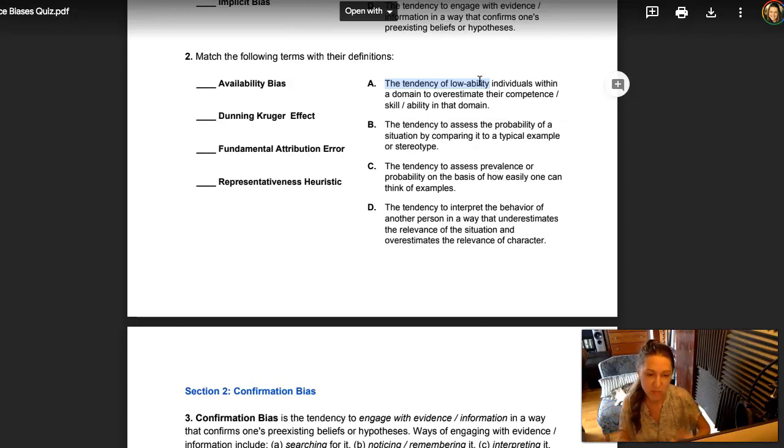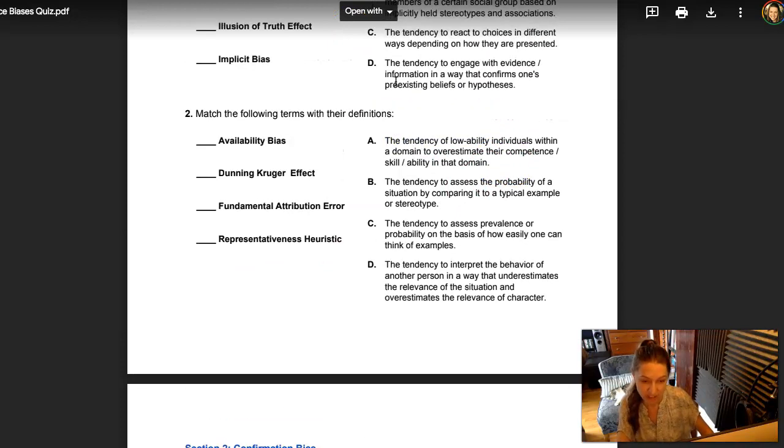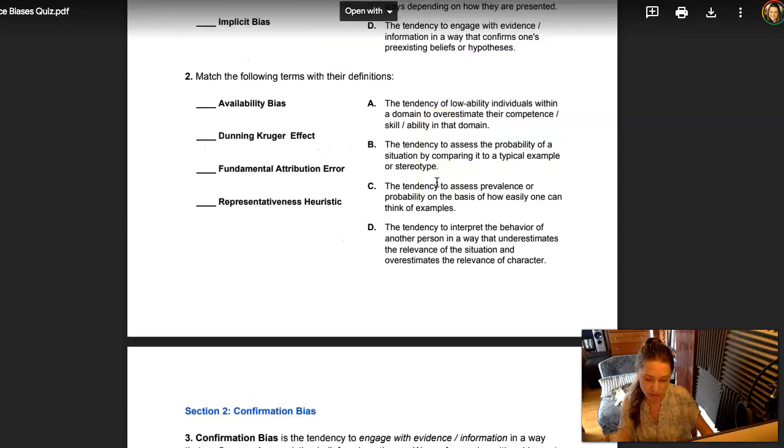And why do we get this? Because the same skills it takes to be good at something are required to assess your goodness at this thing, right? Your competence. So now we've got the essential features of each one.